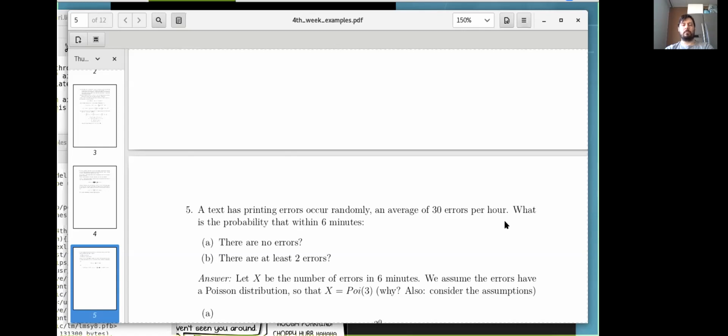There were 3 assumptions. At different time intervals, the errors occurring are independent. There's a constant probability within a unit of whatever they're measuring, here the unit of time, and the probability of them happening at a very short interval many times is approximately 0.